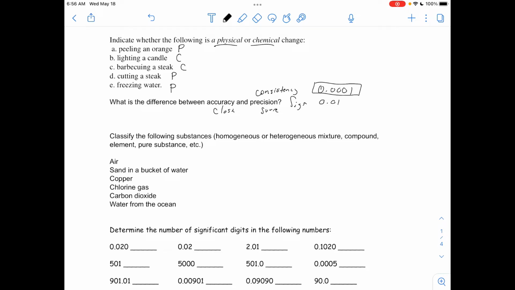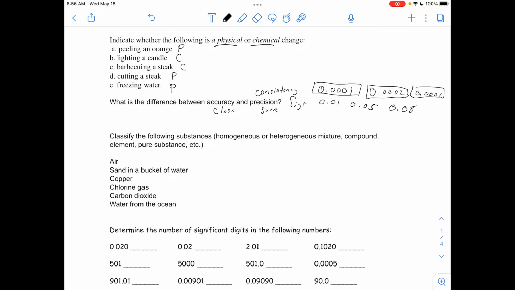When we're talking about lab data, however, if I have 3 data points, this data is much more precise than, say, if I had 0.01, 0.05, 0.08. These numbers are much closer together, and so they're much more precise, much more consistent.